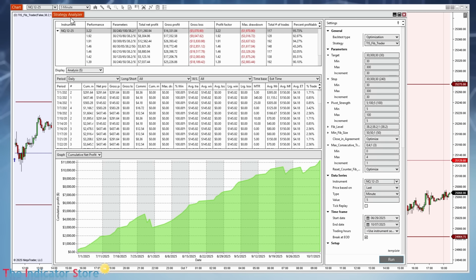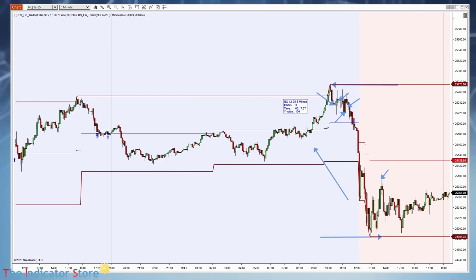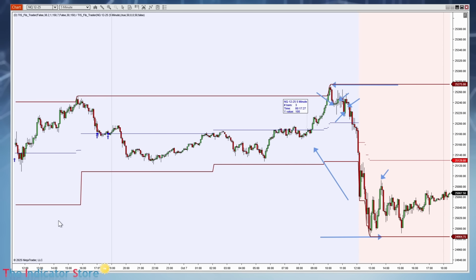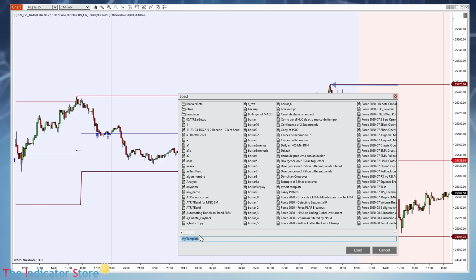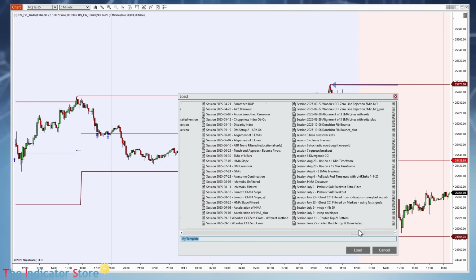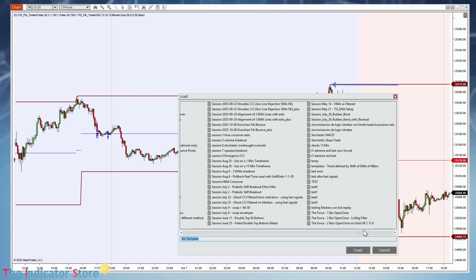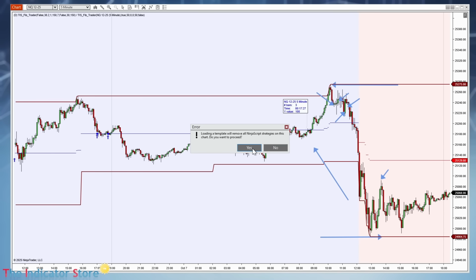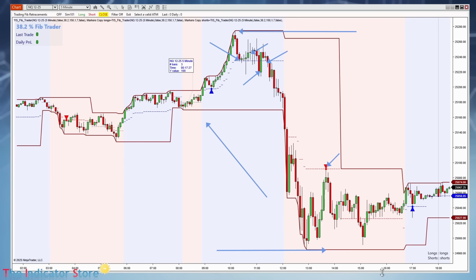Okay, so this indicator includes the template for using markers. If you have markers and you want to trade with it, where is that? Here. So everything is ready.